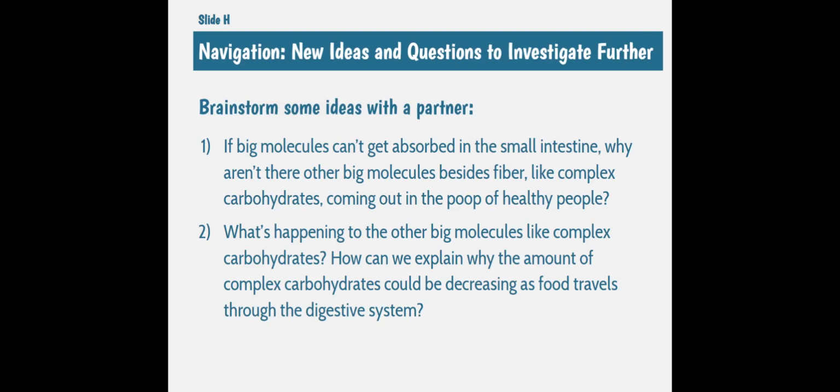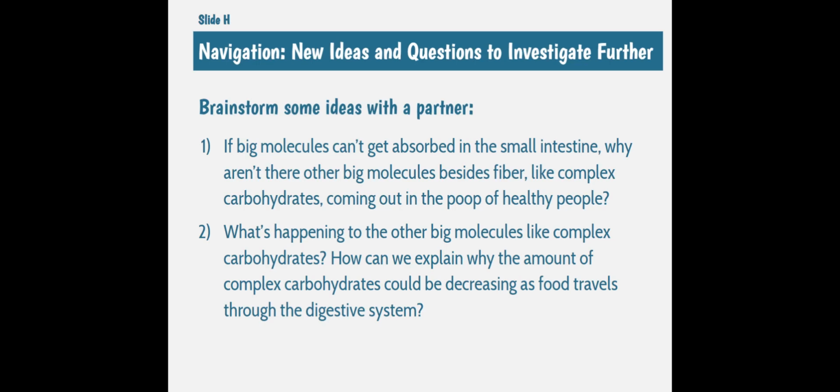All right, here's our new ideas and questions to investigate further. So, on the back or at the end of your blank sheet of paper that you wrote your lab questions on, I want you to brainstorm with a partner ideas to these two questions. If big molecules can't be absorbed in the small intestine, why aren't there other big molecules besides fiber, like complex carbohydrates, coming out in the poop of healthy people?